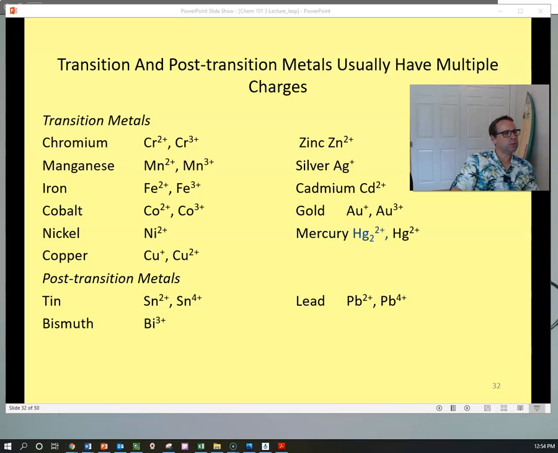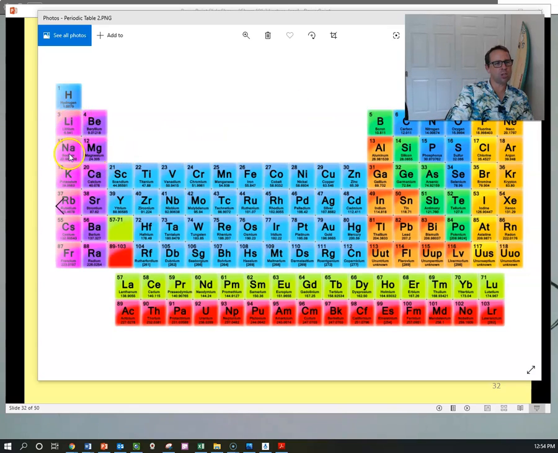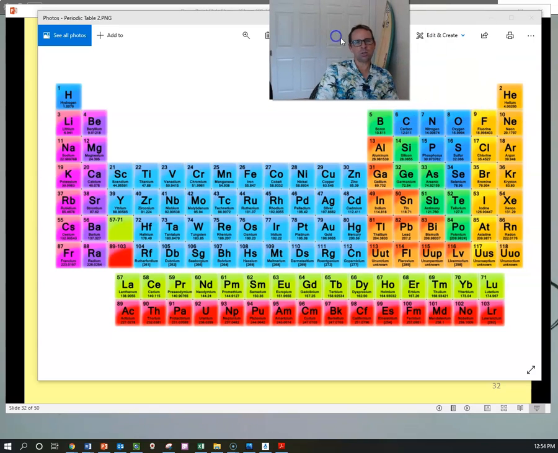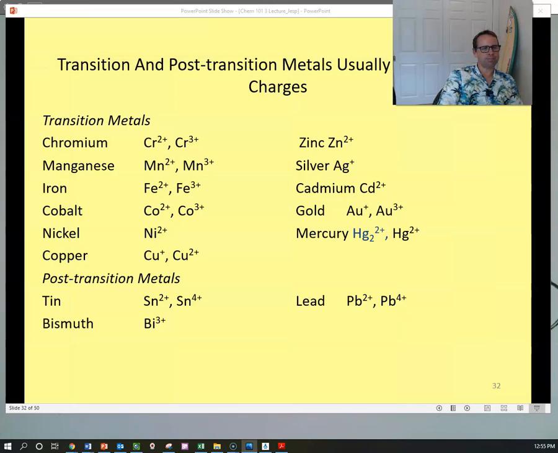Now, we can use the periodic table to kind of predict the charge of atoms like sodium, potassium, calcium, strontium, these first 2 columns, and also to predict the charge on the nonmetals. However, if we want to start predicting charges for our transition metals, like manganese, iron, nickel, copper, it becomes more tricky.